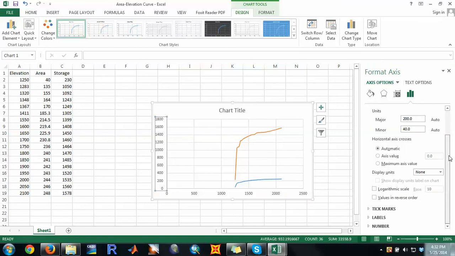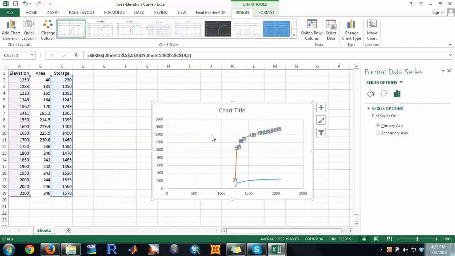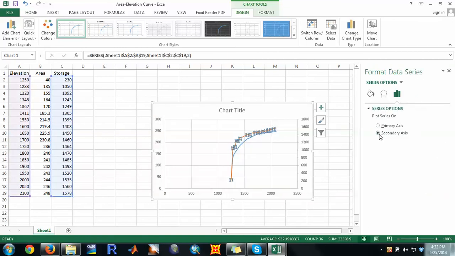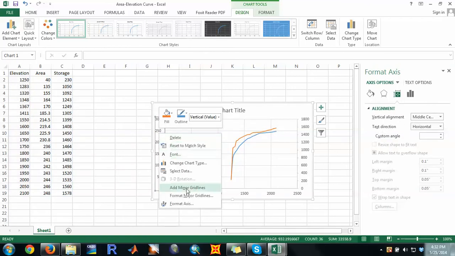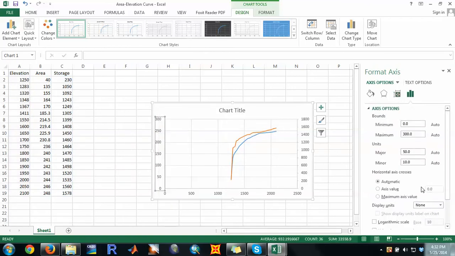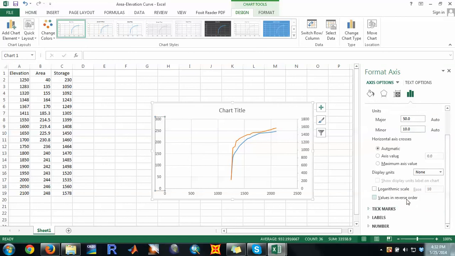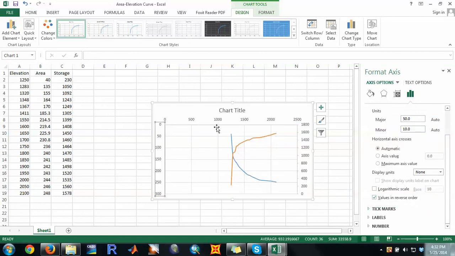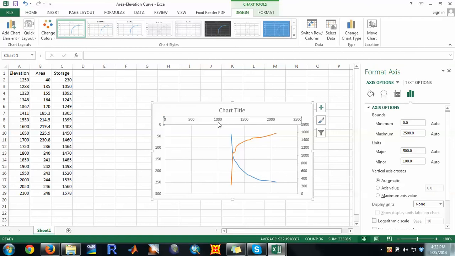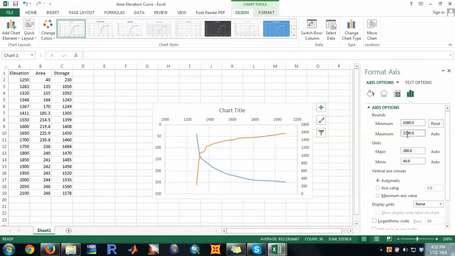Sorry, you have to select this one first, and make this one the primary axis, and then this one should be format axis, and then values in reverse order. Then you can minimize this value, or you can fix the minimum value to be like 1000, for example.